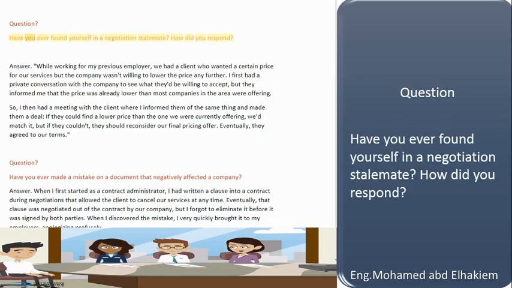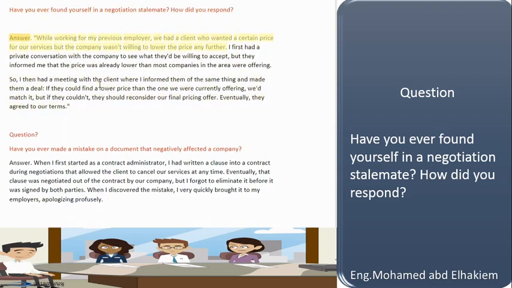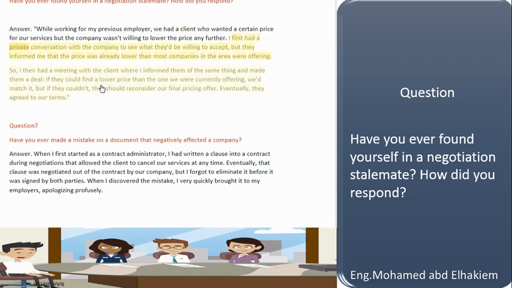Question: Have you ever found yourself in a negotiation stalemate? How did you respond? Answer: While working for my previous employer, we had a client who wanted a certain price for our services, but the company wasn't willing to lower the price any further. I first had a private conversation with the company to see what they'd be willing to accept, but they informed me that the price was already lower than most companies in the area were offering.